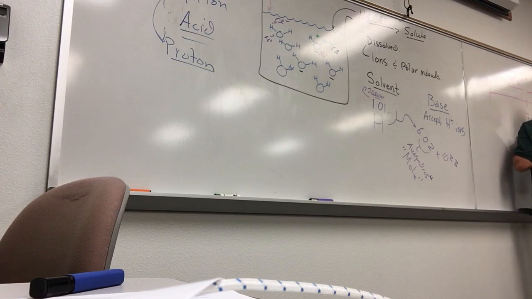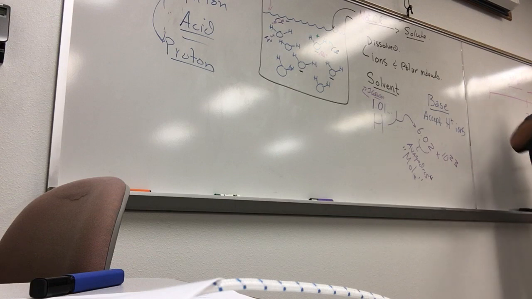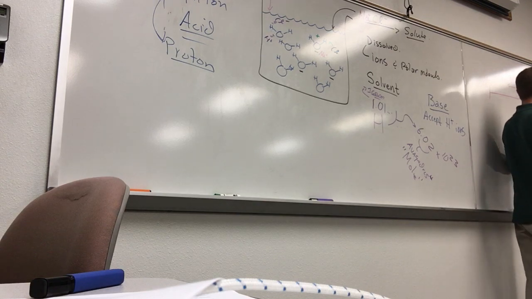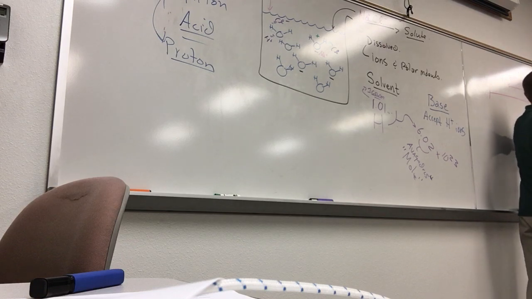And if I went from a pH of 7 to a pH of 5, 5 would be how many times more acidic than 7? 100, right? 10, 100, 1,000, 10,000, 100,000, million, etc. So a pH of 4 would be how many times more acidic than 7? 10, 100, 1,000.